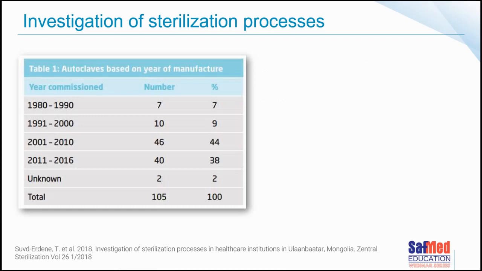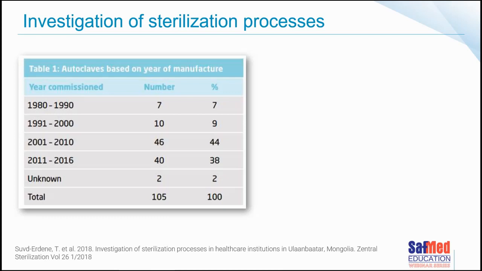Also interesting factors that they took cognizance of was what year, grouped in a 10-year period, these actual sterilizers were installed. And it was quite interesting. They dated back to 1980.